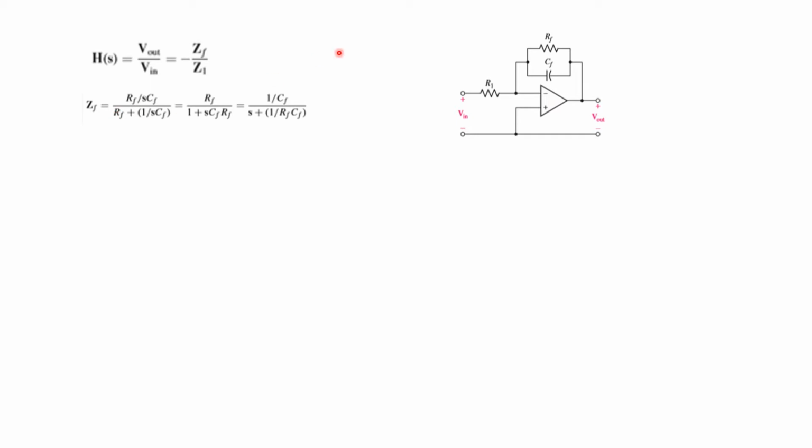Now if we calculate these two parallels, ZF will be like this, and plugging in ZF and Z1 is R1, we get this relation. So this is the transfer function for this circuit. If you look carefully, when this denominator term becomes 0, it will represent a pole.